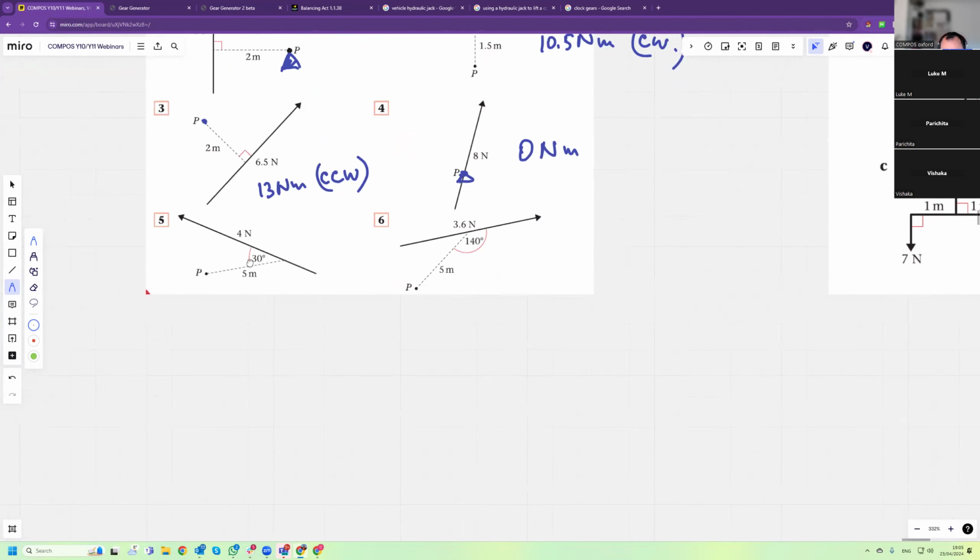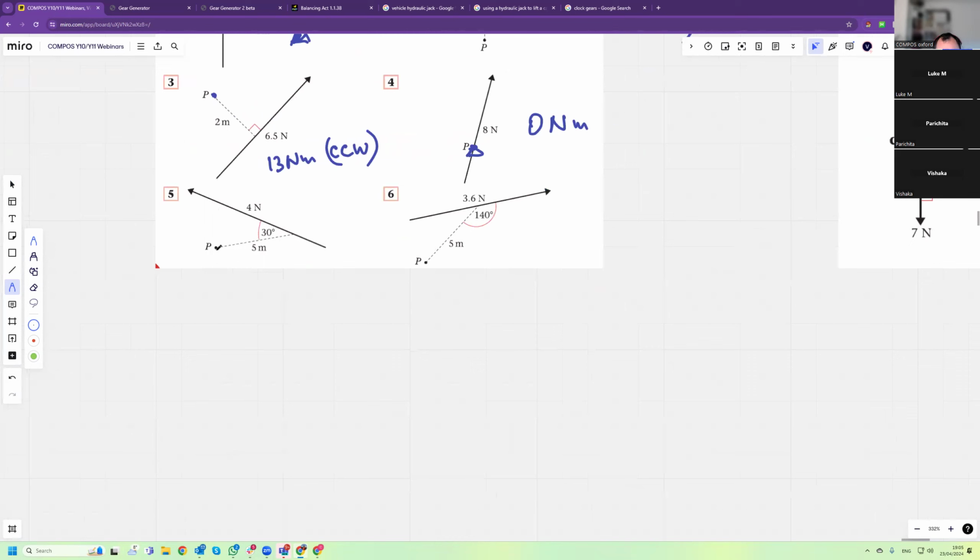Here, this is the pivot, and it's force times perpendicular distance to the pivot. This is 5 meters, but we need the perpendicular distance to the pivot. Let's call it h.